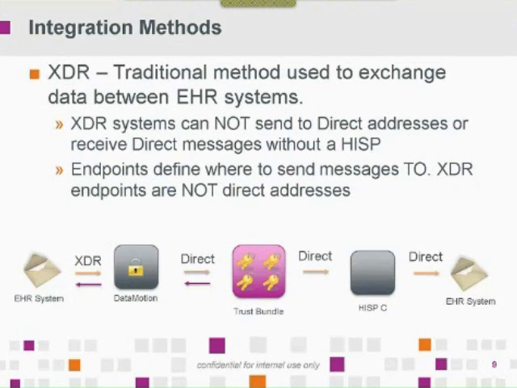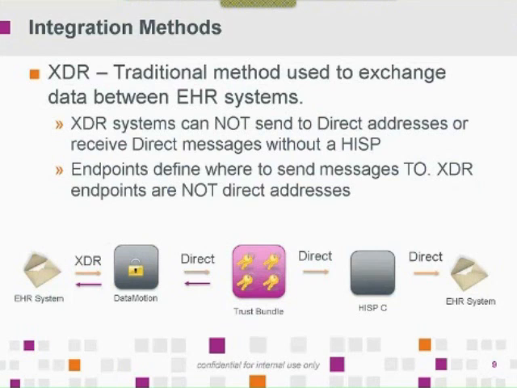XDR-enabled systems do not send direct. They need a HISP to do it for them. So when you have an XDR, you define who you're getting messages from and where you're sending messages to, and then DataMotion will sit in the middle and talk direct with other parties.